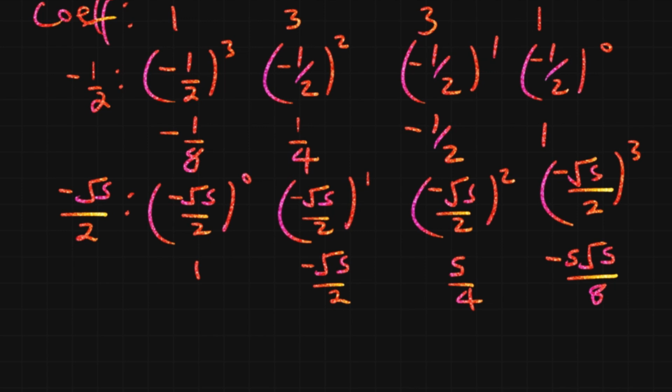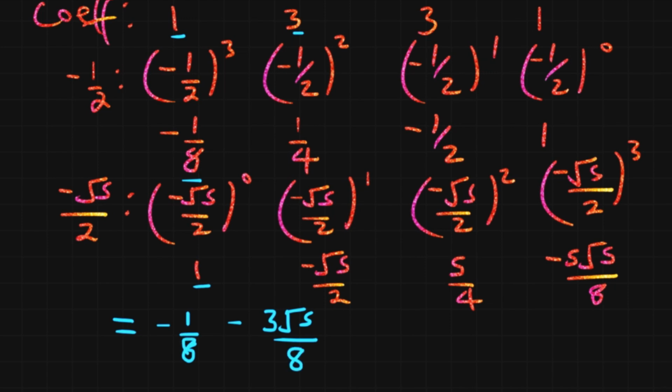Then the next thing is just to multiply down. So we're going to take 1 times negative 1 over 8 times 1. That will be negative 1 over 8. Then we have 3 times a quarter times negative root 5 over 2. That will be minus 3 root 5 over 8.